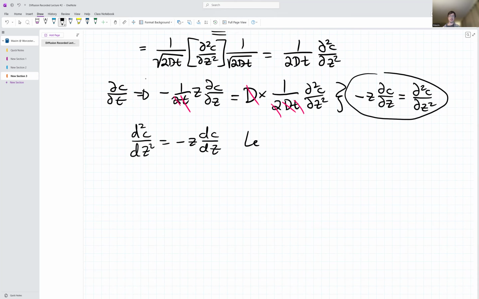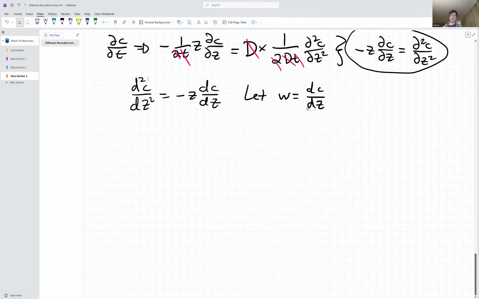We let w equal the first derivative of c with respect to z. We can do that by just redefining the concentration. We're now not looking at concentration, but its first derivative. And then the second derivative is just one derivative on w. So this becomes dw/dz is equal to minus zw.